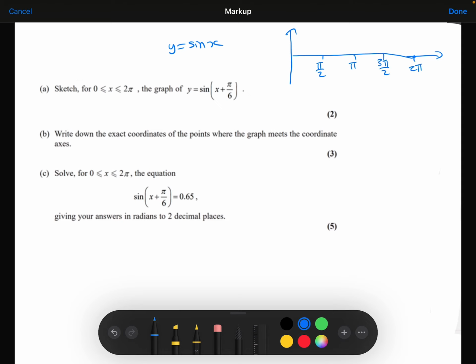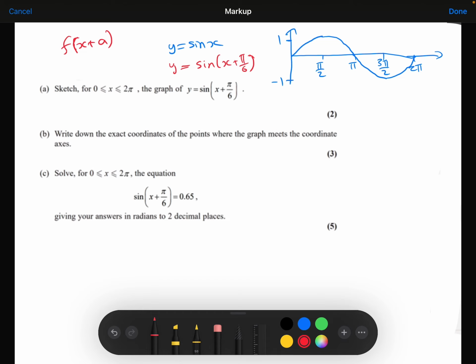Now let's consider what would happen if I now add the pi over 6 on the inside. So it's on the inside of the function. And when we do something to the inside of the function, it affects the x coordinates only, and we do the opposite.